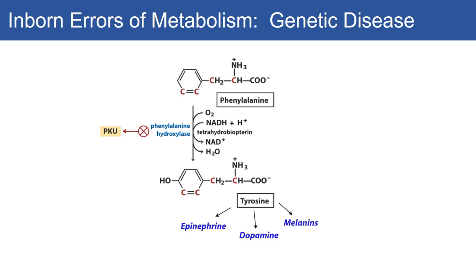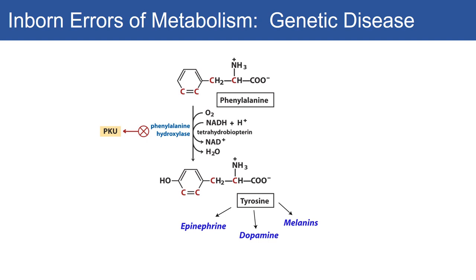Sorry, that one's just a tongue twister for me. I just call it PKU. So with PKU, there's an enzyme, phenylalanine hydroxylase, that takes phenylalanine and adds the hydroxyl group to it to make it tyrosine. And you can see that in this pathway. If you don't have that enzyme or don't have a functioning enzyme, you end up with PKU.